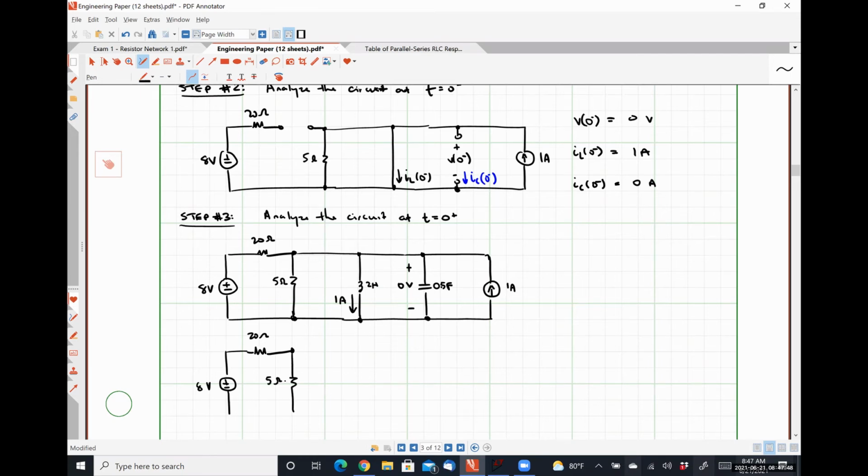Similarly, my inductor has a fixed amount of current, and the voltage drop over it is inconsequential. So I'm going to replace my inductor with a 1 amp current source. I'm going to replace my capacitor with a 0 volt voltage source, which is just a short circuit.